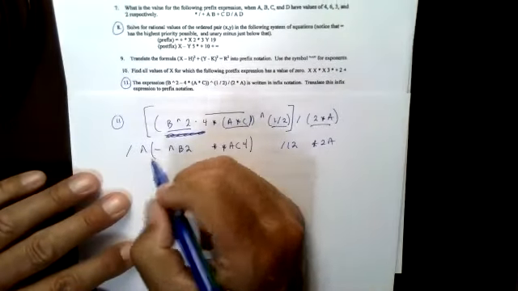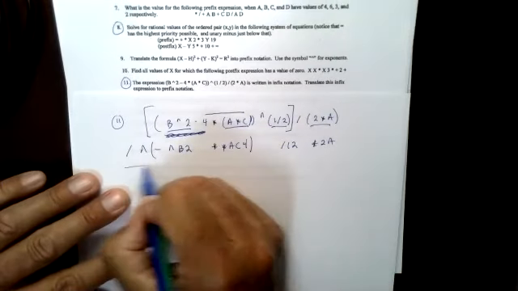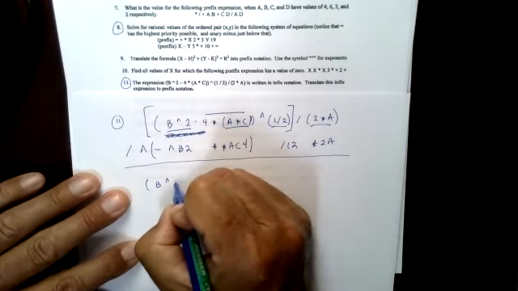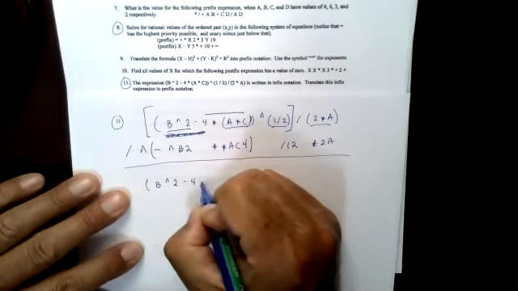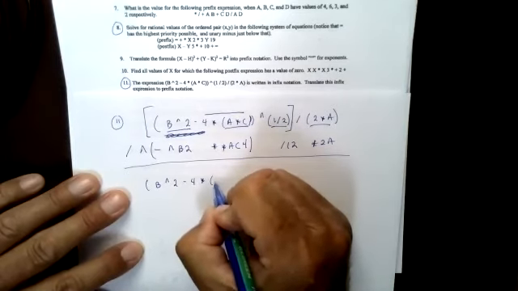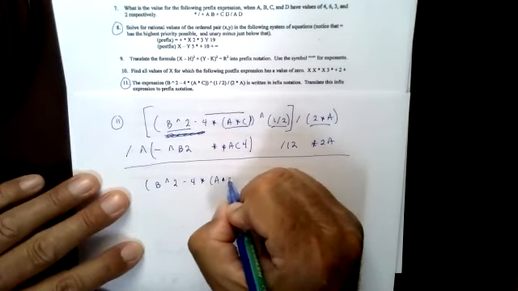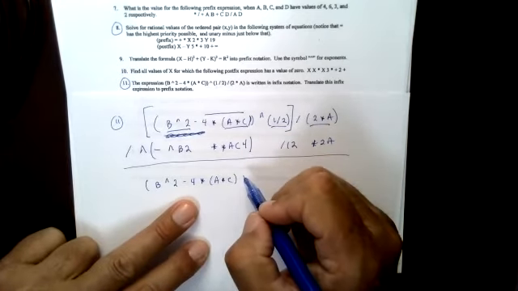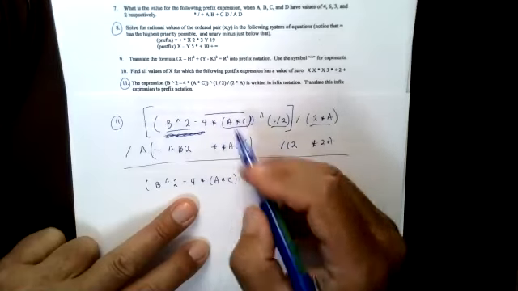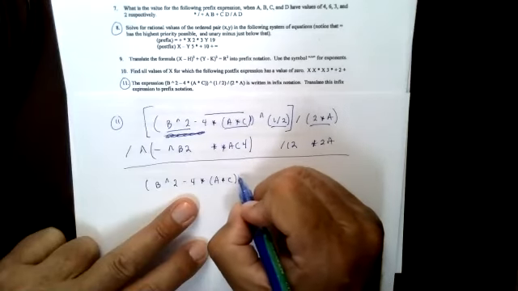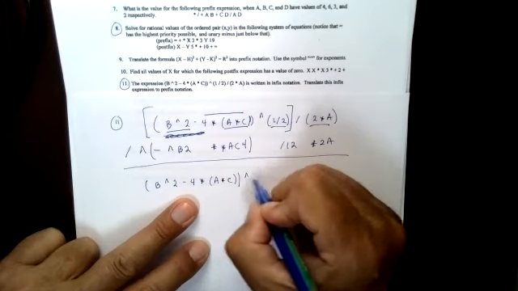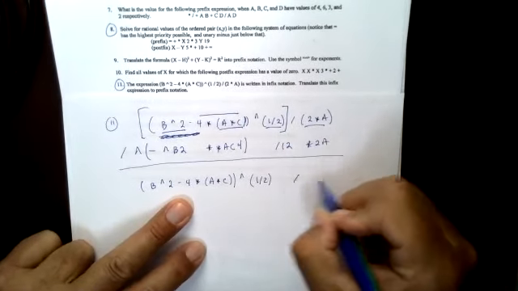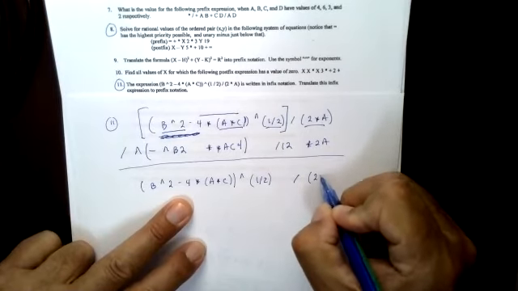So here's what my question was. Parentheses, B caret 2 minus 4 times A times C, which I really didn't need those parentheses. That whole thing is raised to the 1/2 power. And then all of that is divided by 2A.